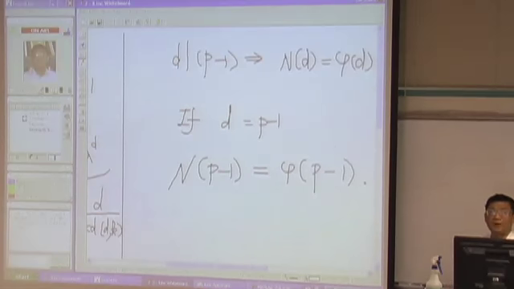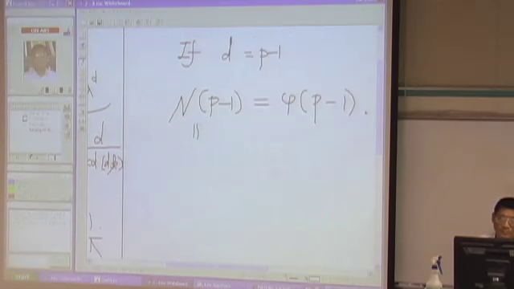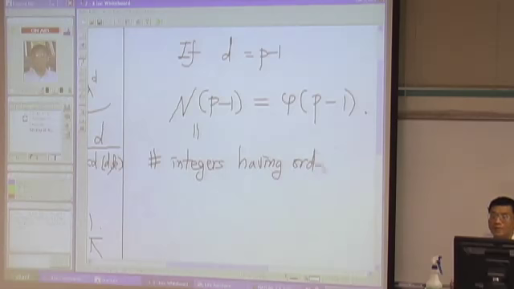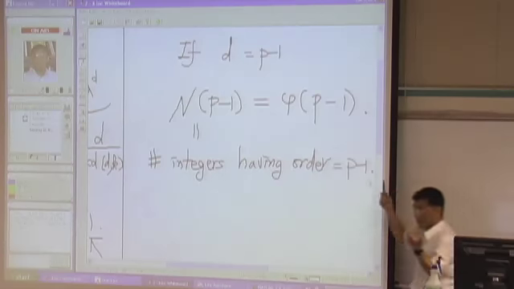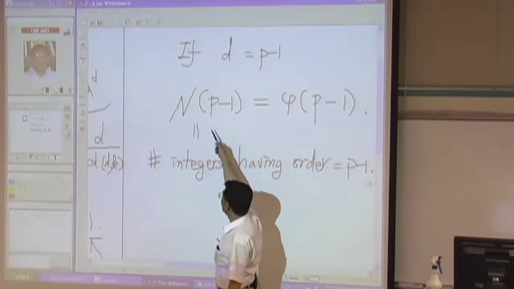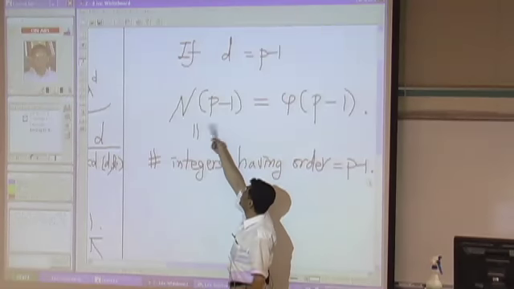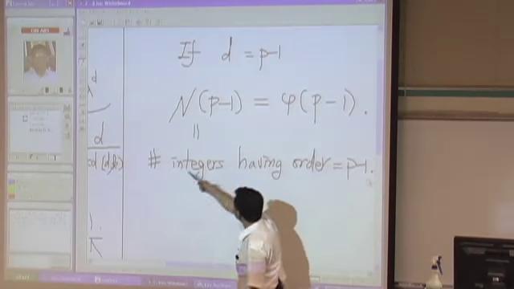so I will write down the verbatim translation. The number of integers having the order P minus 1, right? It's called n of P minus 1. Do you see? It's verbatim translation. The number of integers having order, given here, order D, or P minus 1, is given by n.